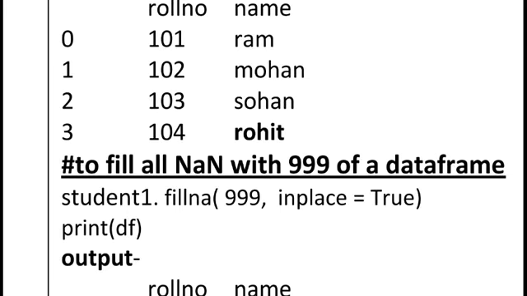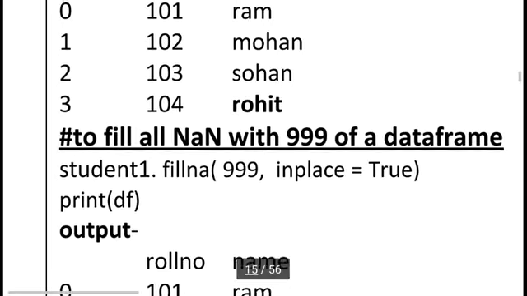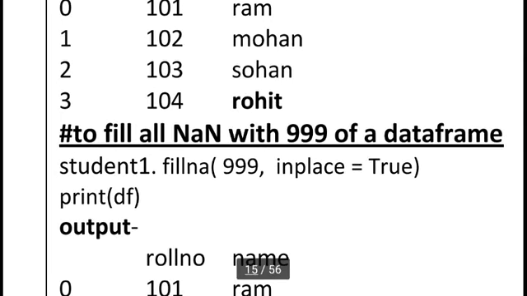For this purpose I am using student1.fillna. Here I am using student1, the entire data frame, and I am not mentioning row and column. Directly I am using the entire data frame and dot fillna 999. All the values of the entire data frame which are np.nan will be replaced directly by 999, inplace equal to True. So we can change all the np.nan values using fillna.